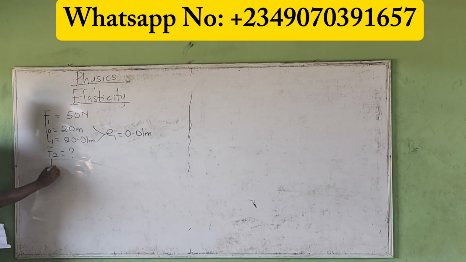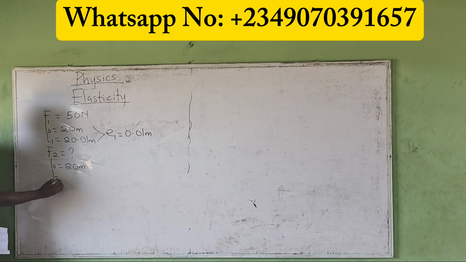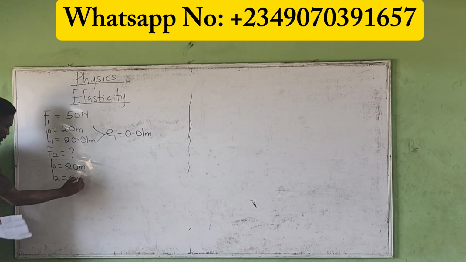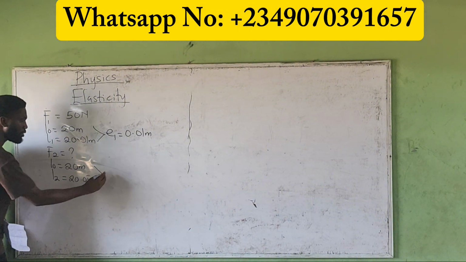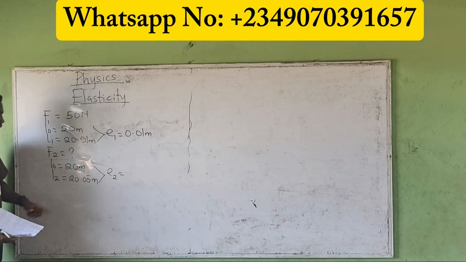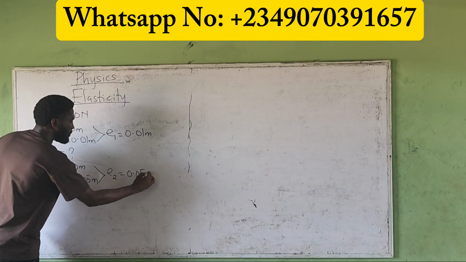So that means L0 is still 20 meters, but L2 is 20.05 meters. So you can easily get E2. E2 is L2 minus L0, which is 0.05 meters.